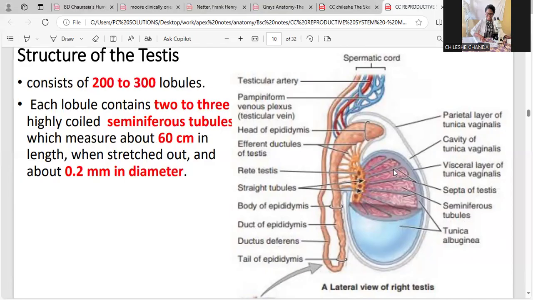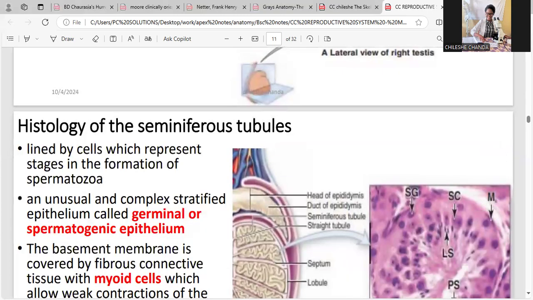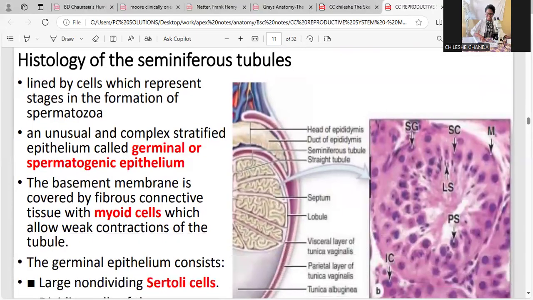So we have these lobules being made because there are these septa going into the testis from the tunica albuginea. So that is the structure of the testis.